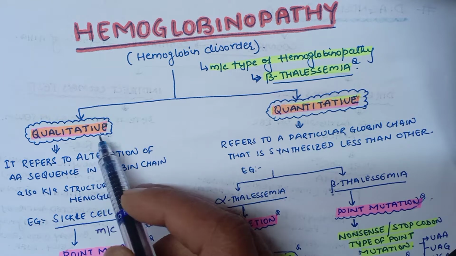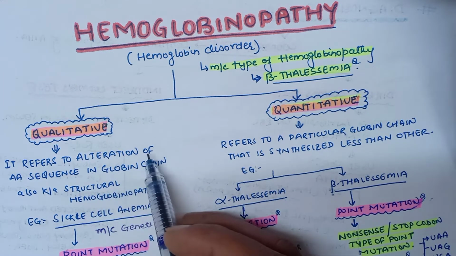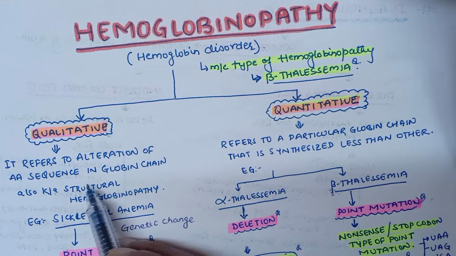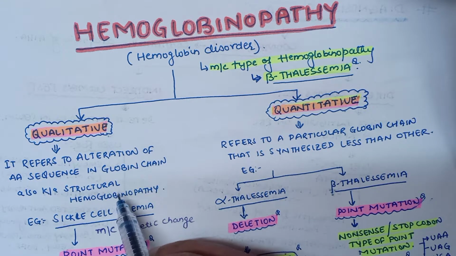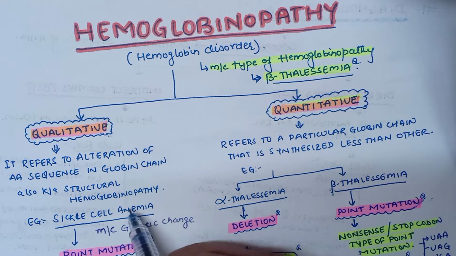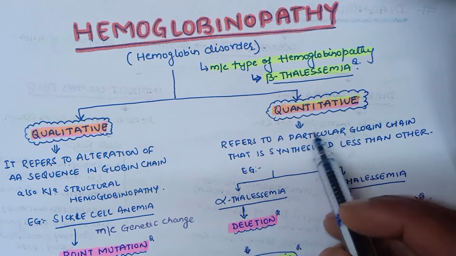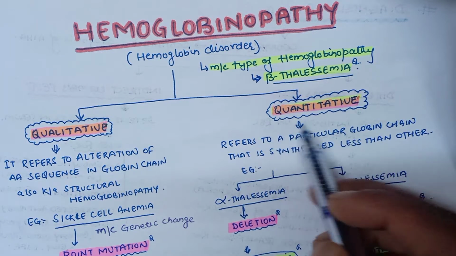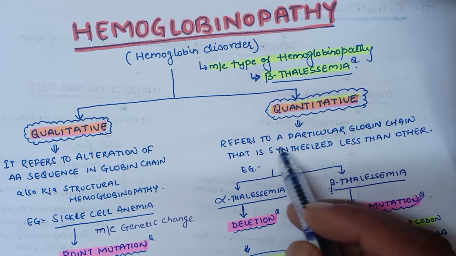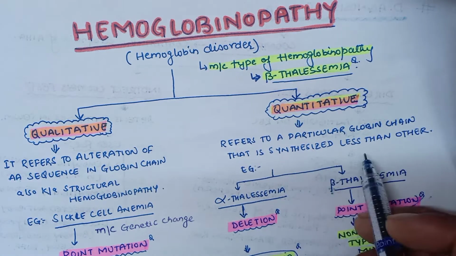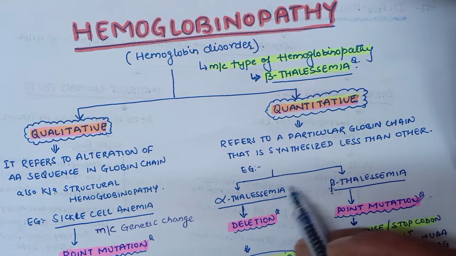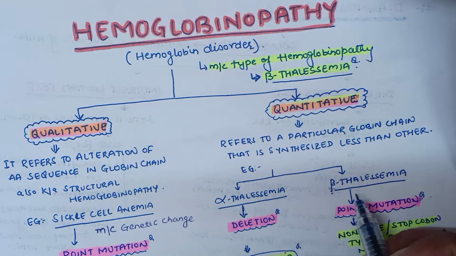Qualitative hemoglobinopathy refers to alteration of amino acid sequence in globin chain, also known as structural hemoglobinopathy, for example sickle cell anemia. Quantitative hemoglobinopathy refers to a particular globin chain that is synthesized less than the other, for example alpha thalassemia and beta thalassemia.